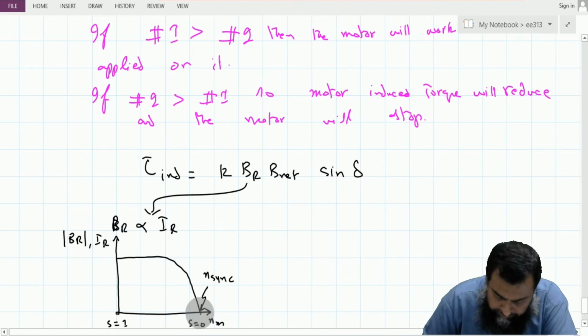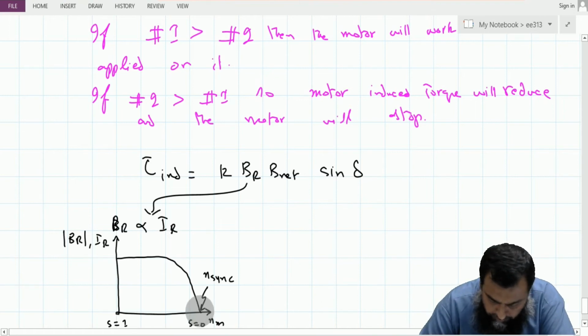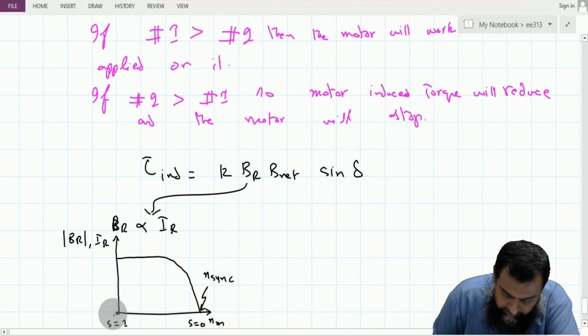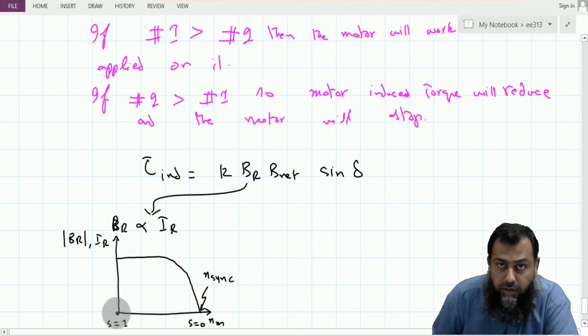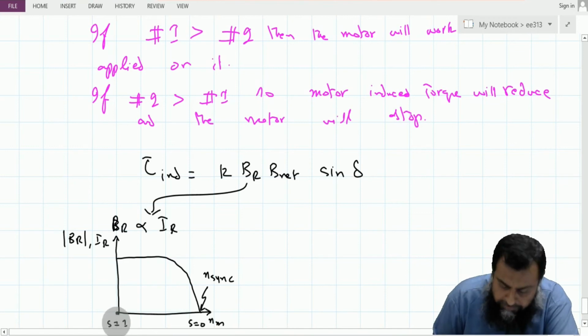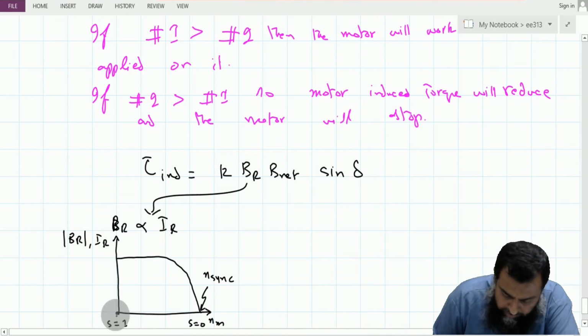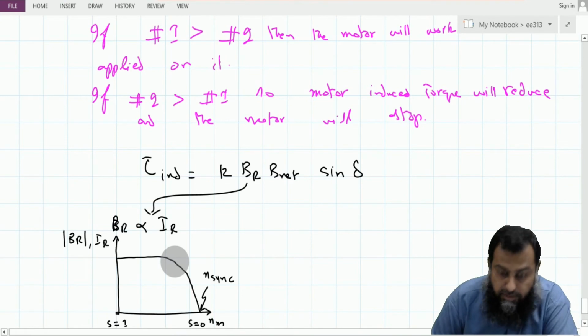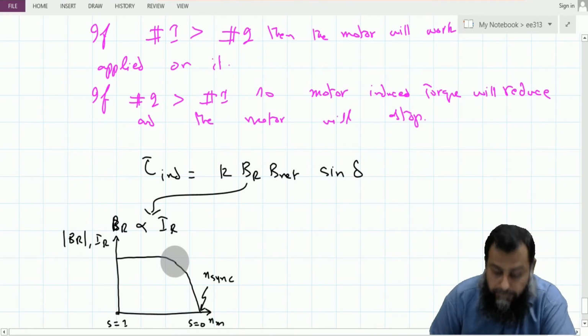So at the start, the motor speed is 0, and therefore slip is equal to 1. Since the slip is equal to 1, we have this type of characteristic. This is for this B_R.